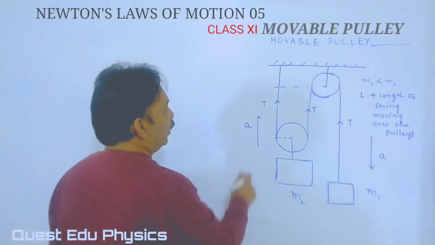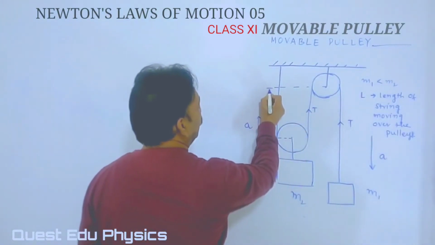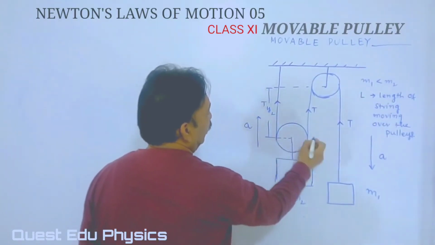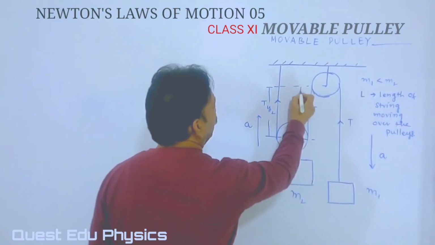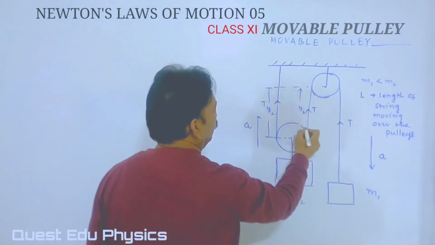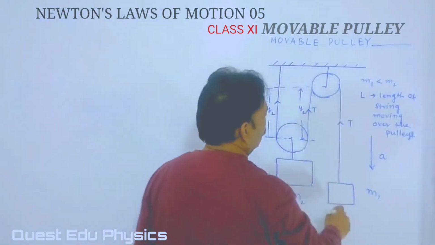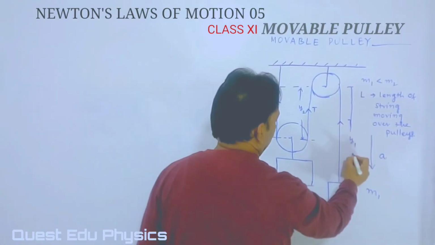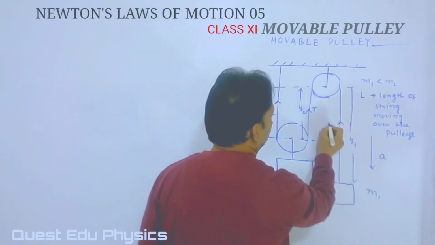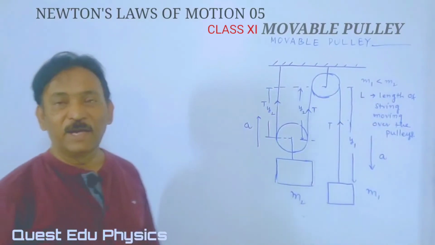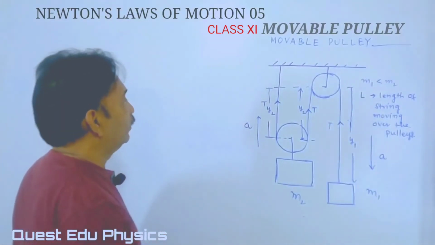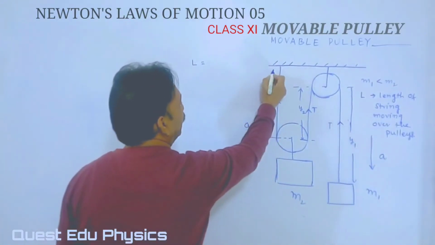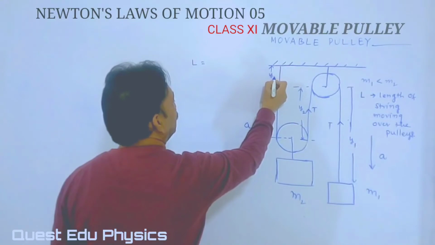Okay, students, let's say this length is y2. Obviously, this is also y2, and this one, which is moving over, call it y1. Then we can write the total length. L must be equal to, let's say this length, I am taking it as y0.